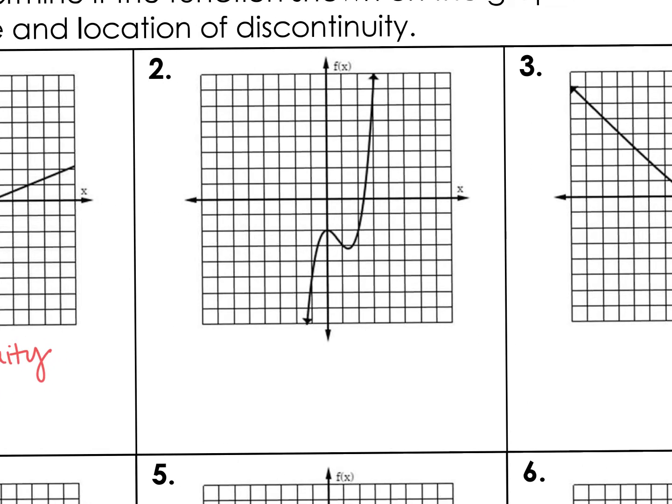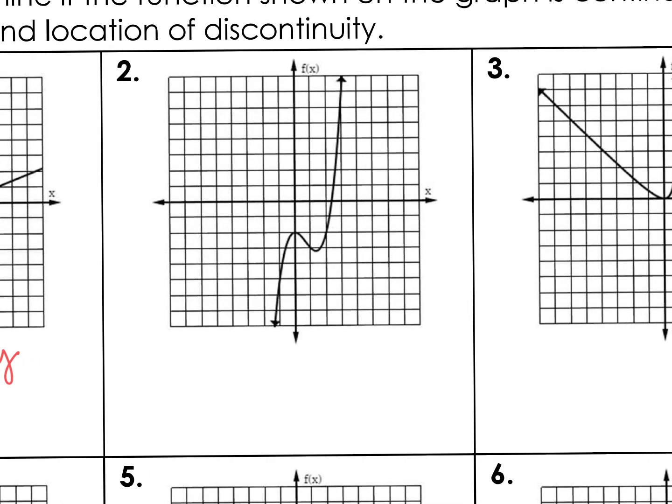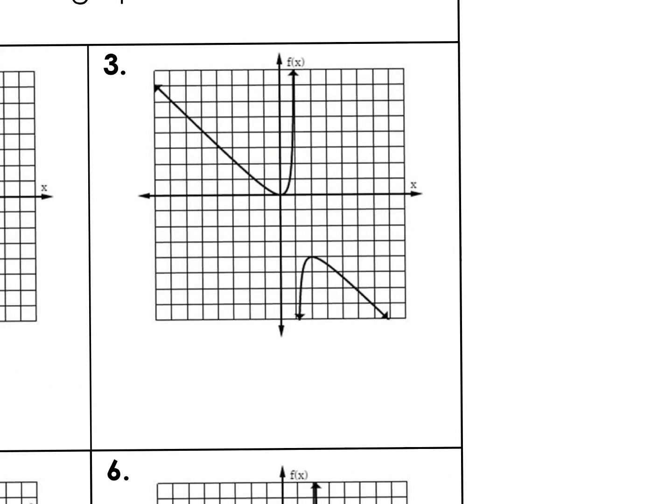Let's look at number 2. Number 2, if I analyze my graph, I'm moving through the graph, and it looks like there's no discontinuity. So this is considered a continuous graph. Look at number 3. Number 3, I do see a break in the graph, and it looks like this graph has an asymptote.